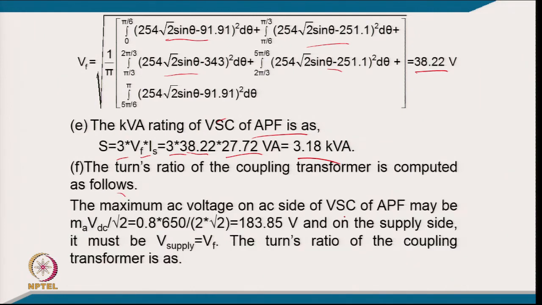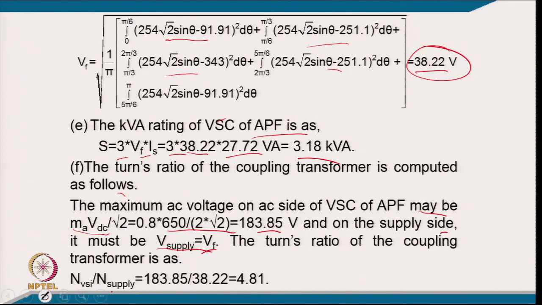The maximum AC voltage on the AC side of the voltage source converter of the active power filter may be MA VDC by root 2. So, it comes to 183.85, and on the supply side we have to inject only the voltage which is required by the series active filter. So, the turns ratio of the coupling transformer will be the inverter side turns to the supply side turns. Both side voltages give 4.81.